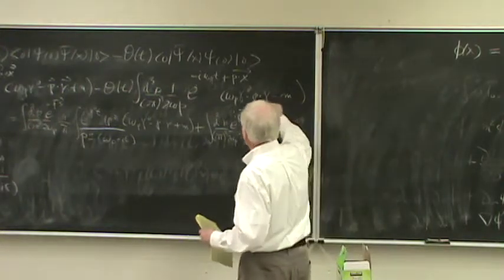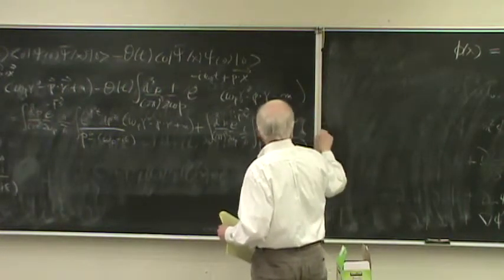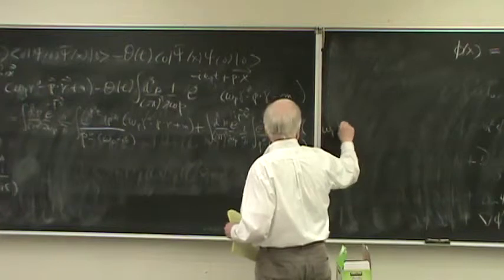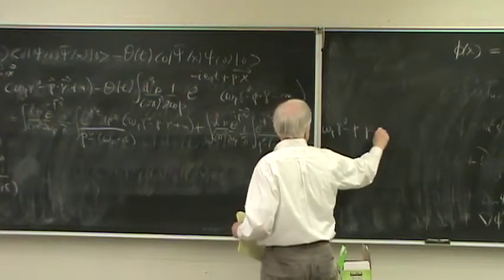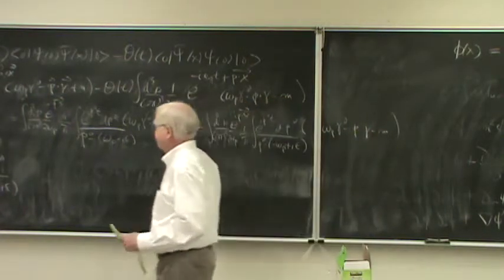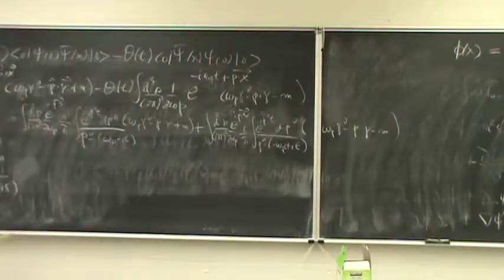Okay, so this last factor is ω_p γ⁰ minus p·γ minus m. All right. So anybody see any minus, any screw up, everything kosher?